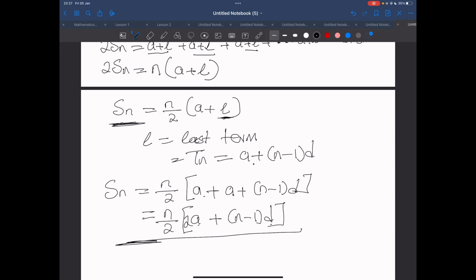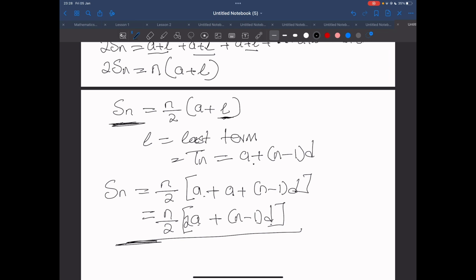So you might be asked to derive the sum n formula in your test or examination, so take notice of this one. You need to know how to calculate the sum to n terms of an arithmetic series.